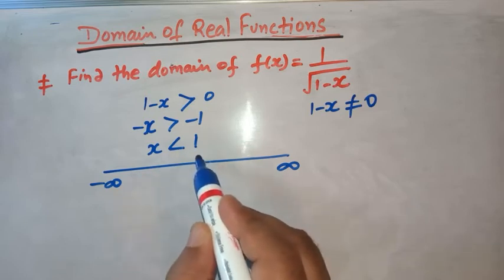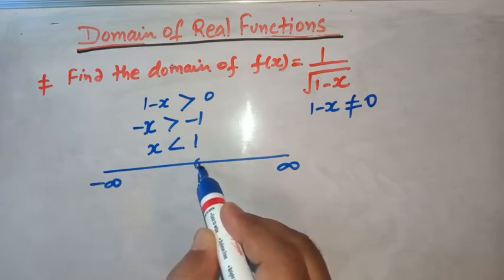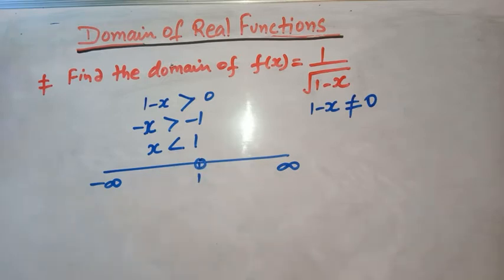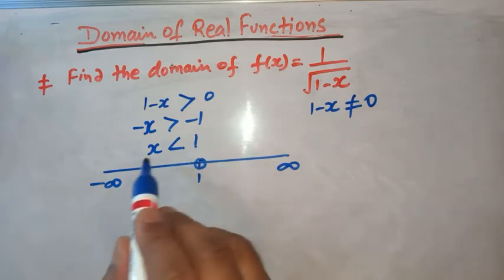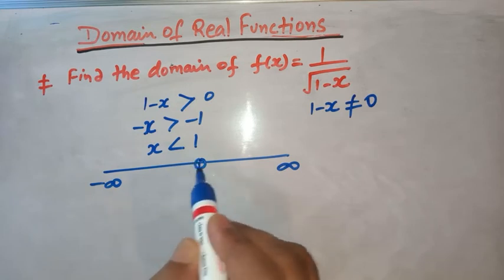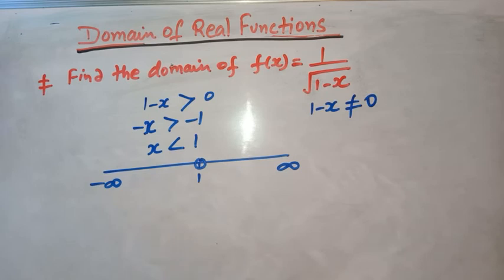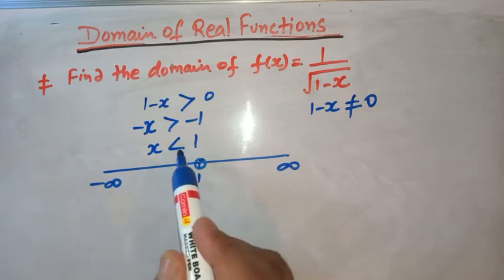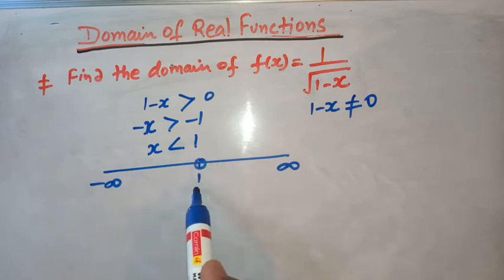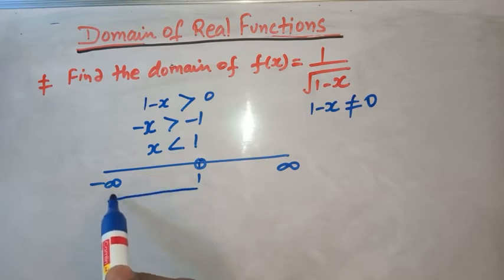So we will encircle this one here, which means that when we write the domain in terms of the interval, this one is not included. So x is less than 1. We'll go from this side to this side. Clear?